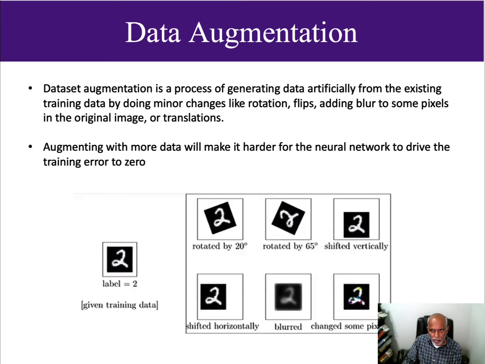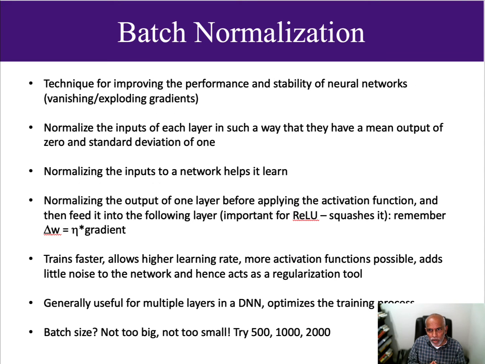So that is the data augmentation layer. With batch normalization, the inputs are normalized in such a way that they have a mean output of 0 and a standard deviation of 1. Normalizing the inputs to a network helps it to learn. And also we are submitting it as batches. Remember that, okay. Don't give the whole data set to train the model.